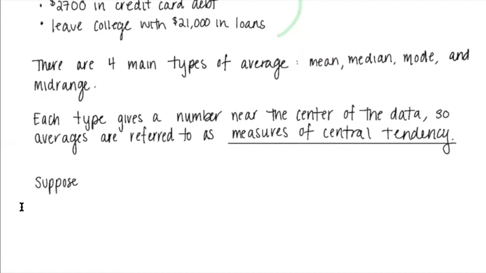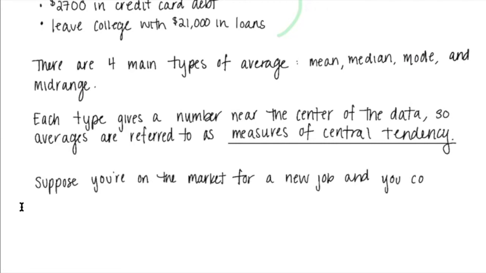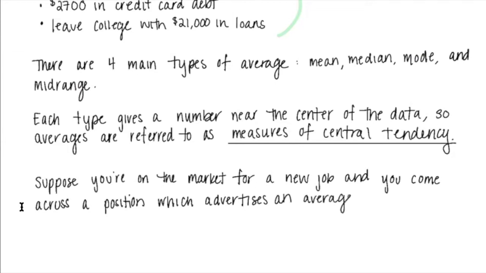Suppose you start a new job, or suppose you're on the market for a new job. And you come across a flyer or a position which advertises an average employee makes almost $150,000 a year.